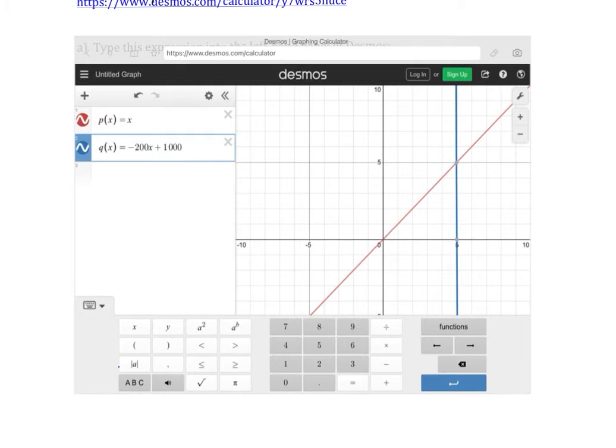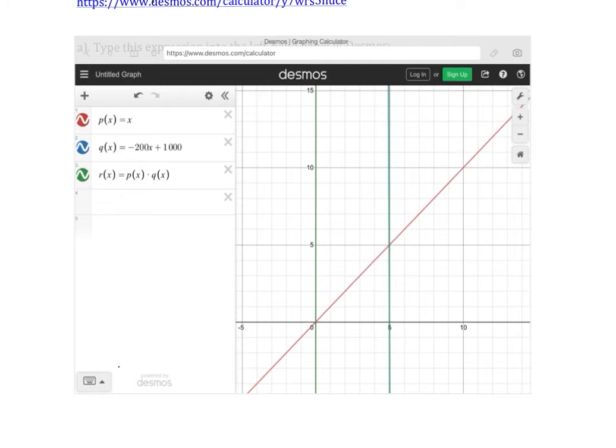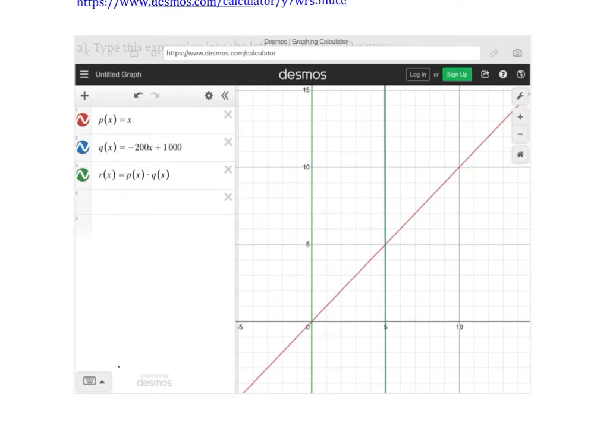And what we said was that we're going to create yet another function that is equal to the product of these two. So R of X is equal to P of X times Q of X. And when we do that, you'll see we're going to get a quadratic, but it's hard to tell that right now because we actually want to change this.